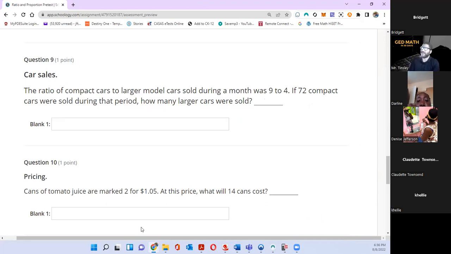If 72 compact cars were sold during that period, how many larger cars were sold? So I'm gonna give everybody a minute or two. I want you to solve this problem. I want you to send me your answer in the chat.